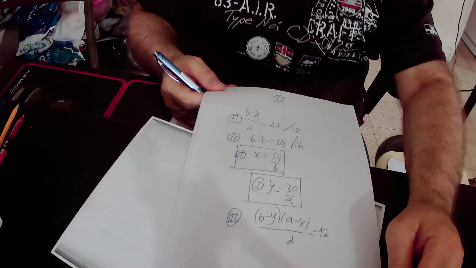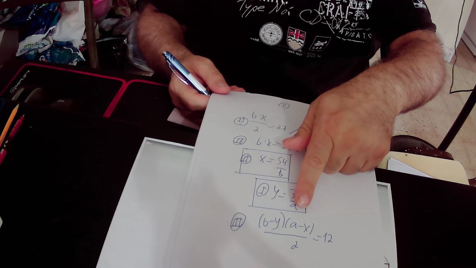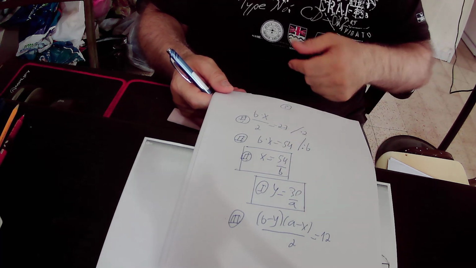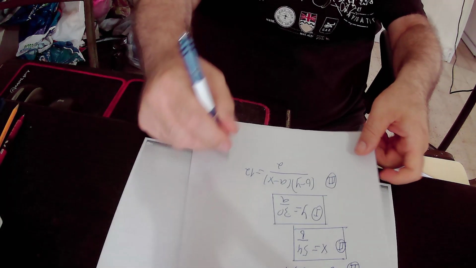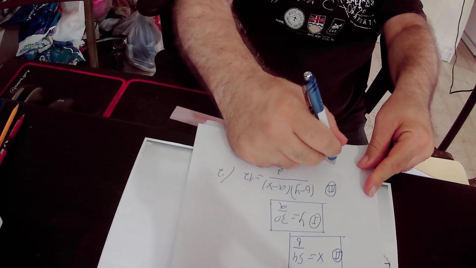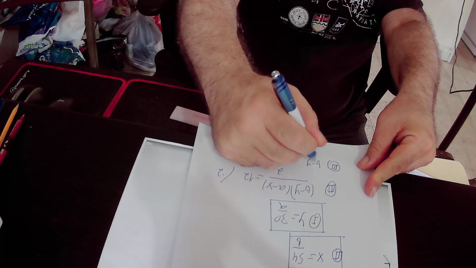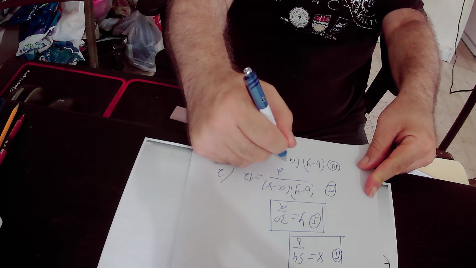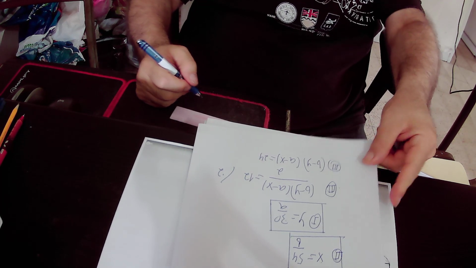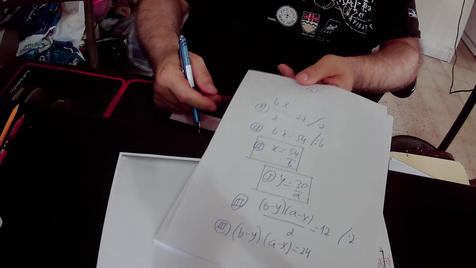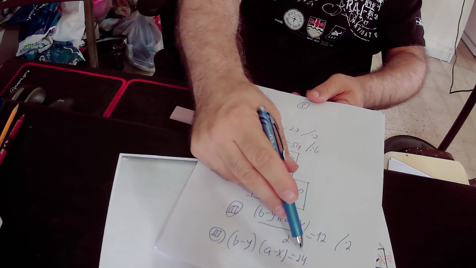This is the third equation. We can multiply both sides of the equation by 2. We get b minus y times a minus x equals 24, because 12 times 2 is 24.